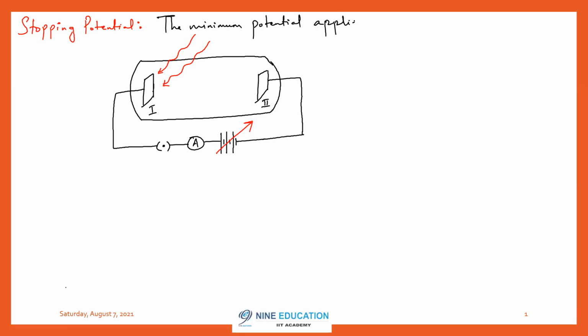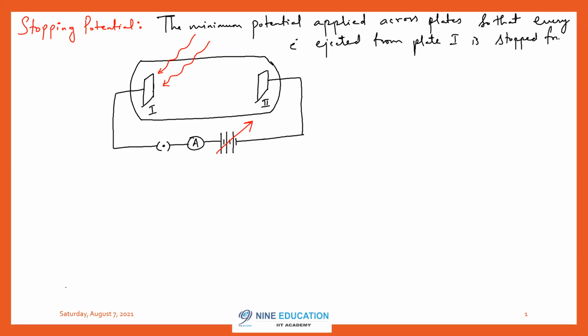applied across plates so that every electron ejected from plate 1 is stopped from reaching plate 2.